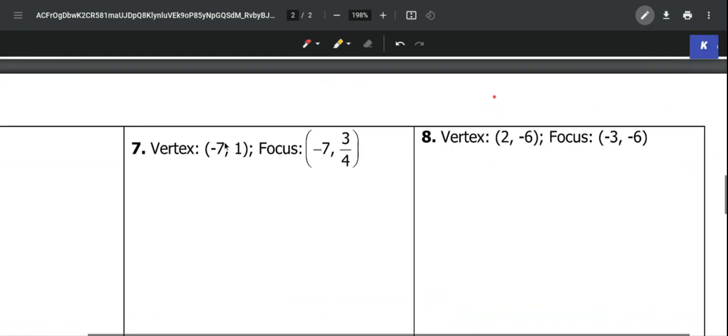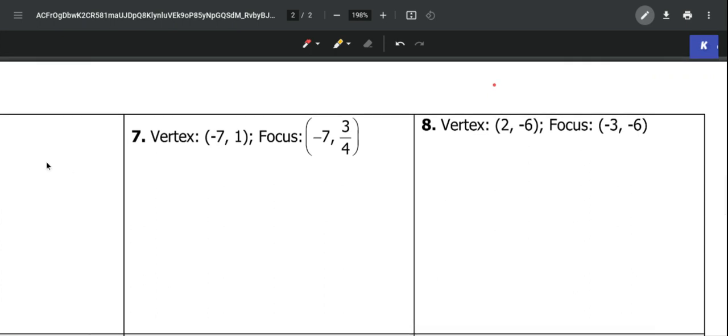All right, so now we don't have zeros to work with, so it just changes a few of the things that we've got going on here. So now our vertex is going to make us have some parentheses for our equation. When I'm going from vertex to focus, so these two ordered pairs, are my x coordinates changing or my y coordinates changing? If you notice here, my y coordinates are changing.